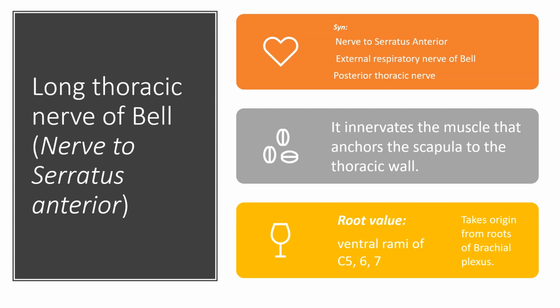The long thoracic nerve is innervating the muscle, that is serratus anterior, which anchors the scapula to the thoracic wall.